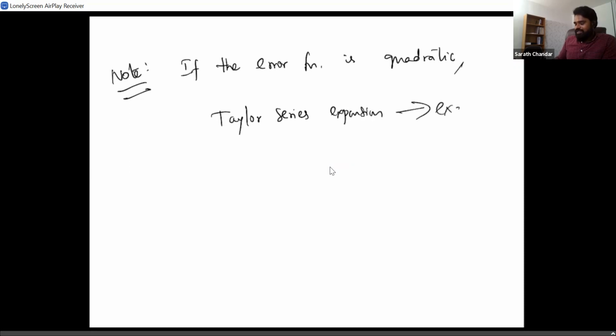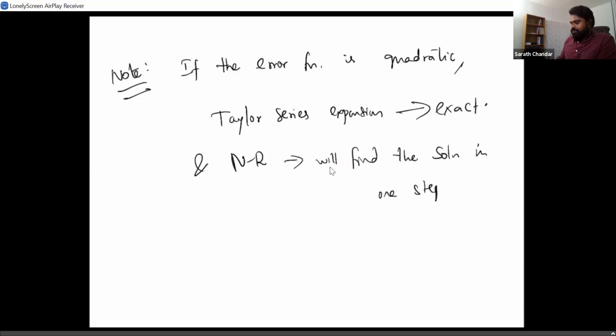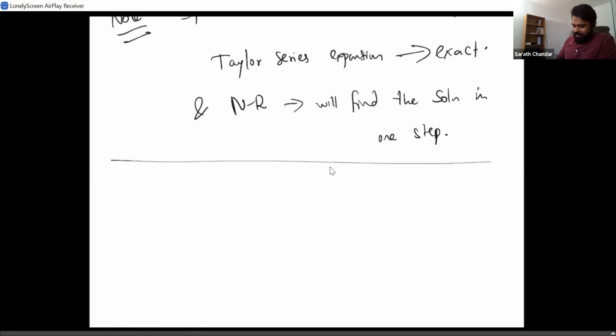It is actually an exact expansion because there is no third order term in my approximation. Hence Newton-Raphson will actually find the solution in one step. So if you have a quadratic error function and you apply Newton-Raphson, it is going to find the parameters in one step. Now let's verify this with linear regression.